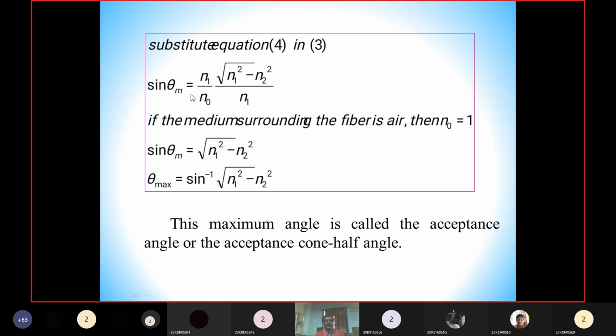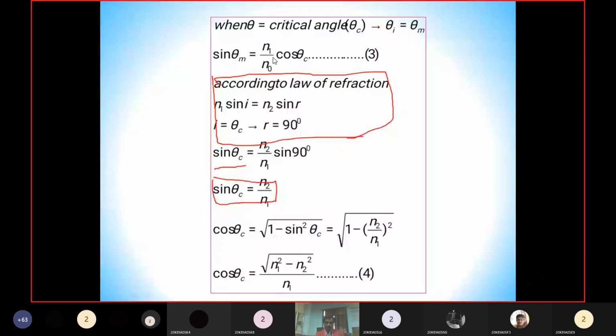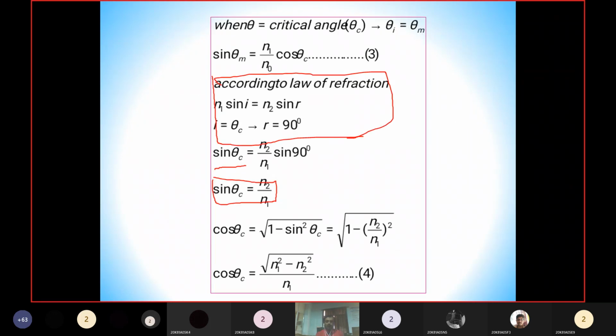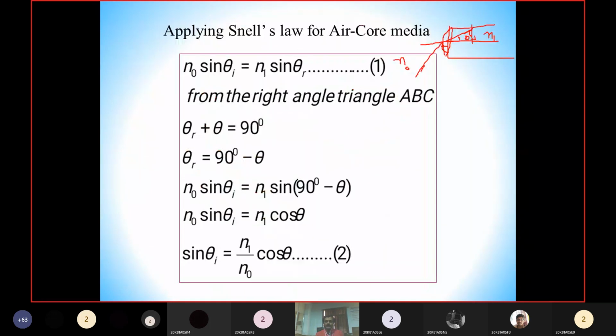Therefore, sin theta m is equal to N1 by N naught into cos theta C, and the cos theta C value is under root of N1 square minus N2 square by N1. Here N1 gets cancelled. We are taking the medium as air.